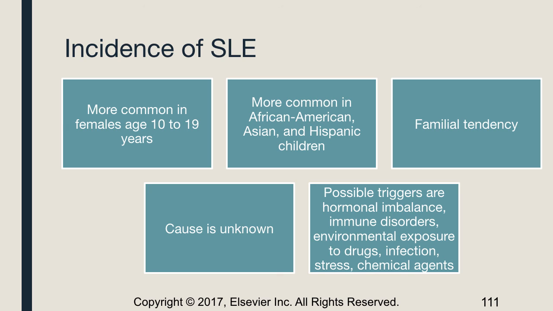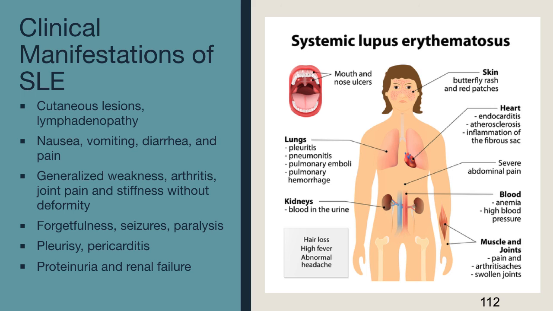The cause is unknown, but possible triggers are hormonal imbalances, immune disorders, environmental exposures to drugs, infections, stress, or chemical agents. The clinical manifestations are cutaneous lesions, lymphadenopathies, nausea, vomiting, diarrhea, and pain, generalized weakness, arthritis, joint pain, and stiffness without deformities.